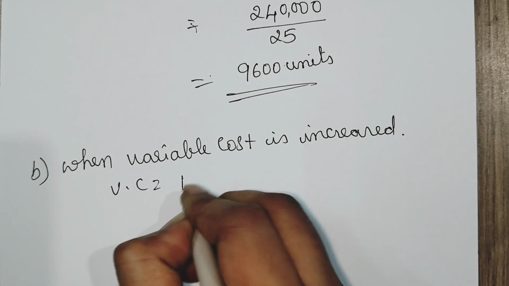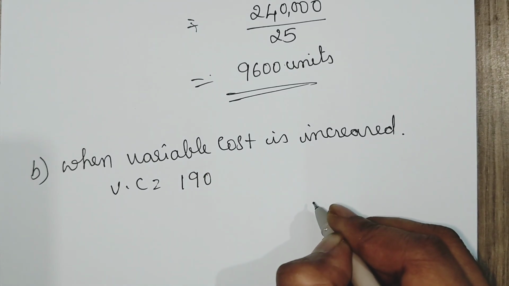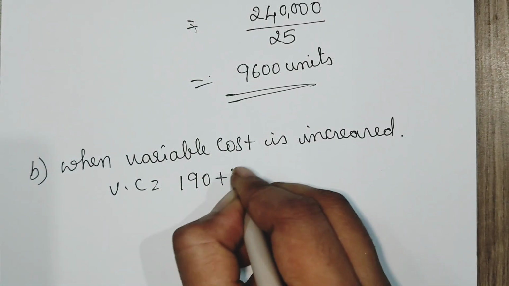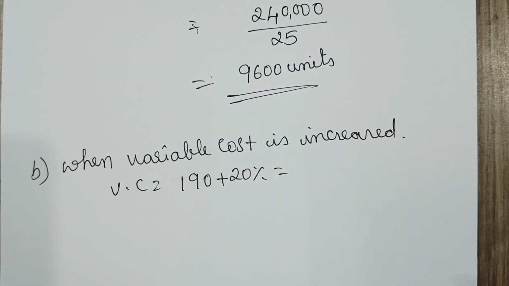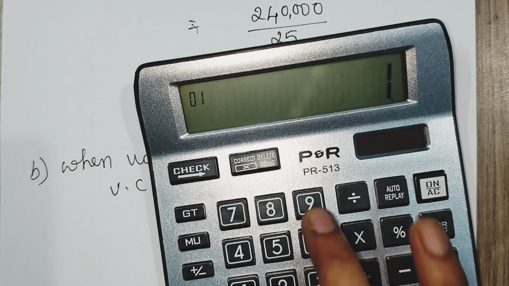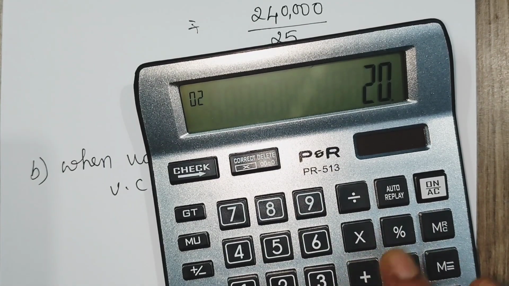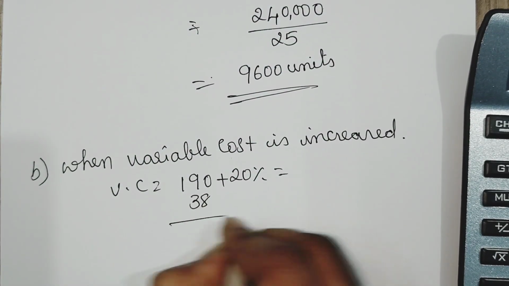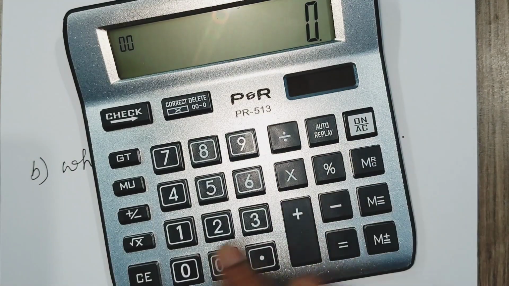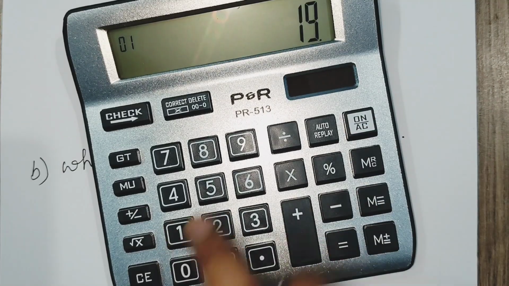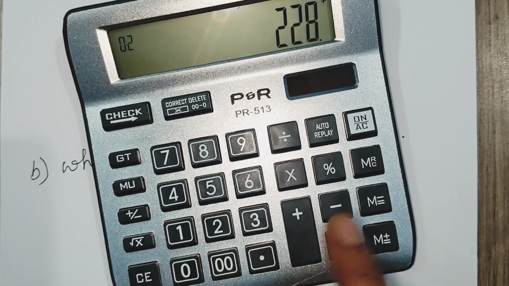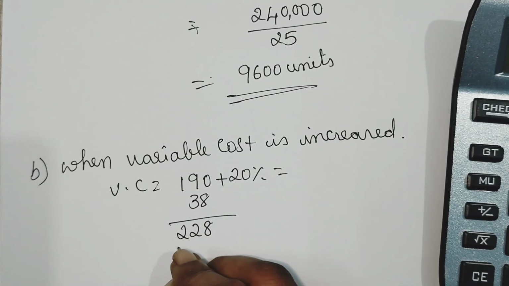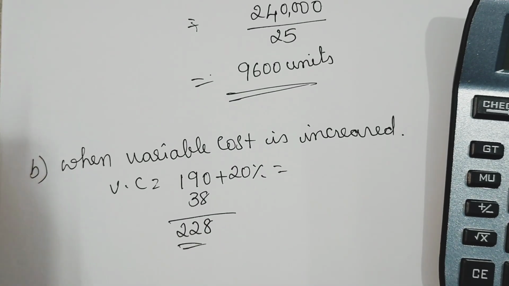Variable cost is 190, and the increase is 20%. 20% on 190 is 38. So that 38 you need to add. The new variable cost is 190 plus 38, which is 228.